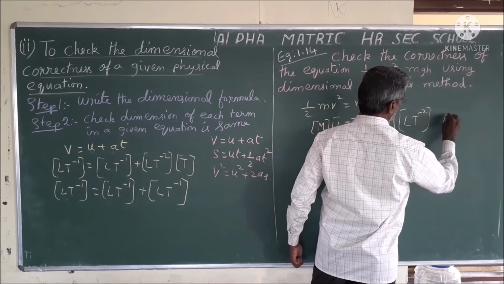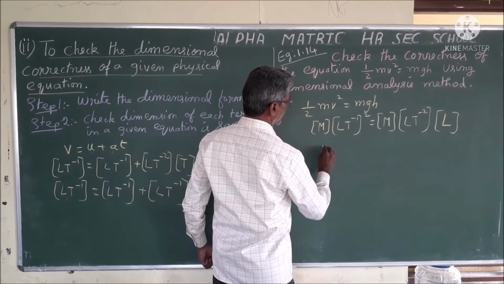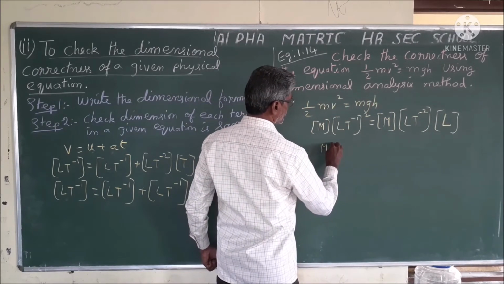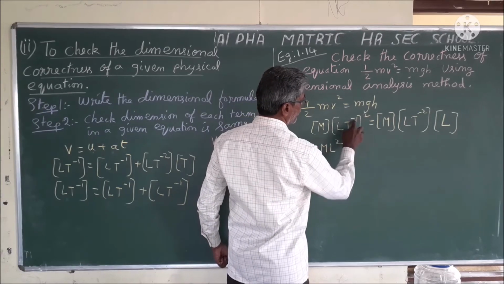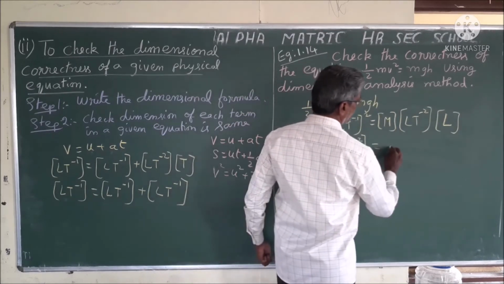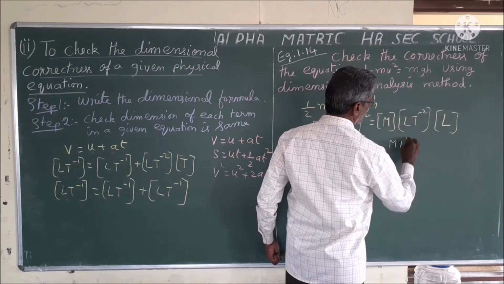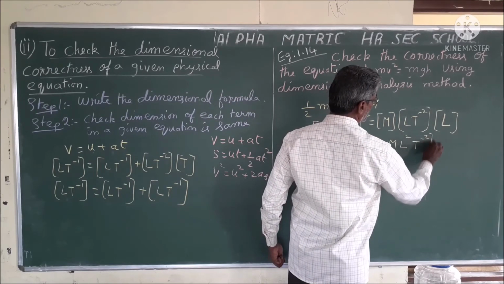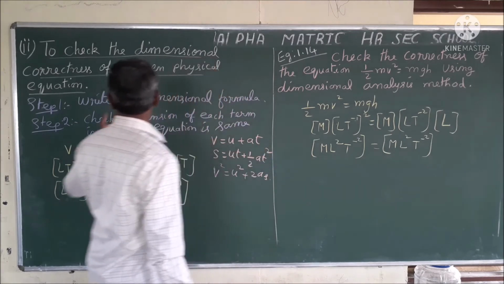Height is length L. So here I can write it as M L square t minus 2 is equal to M L, it becomes L square t minus 2.